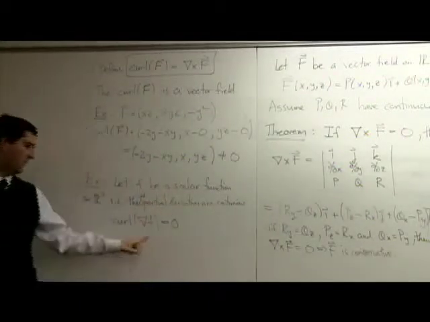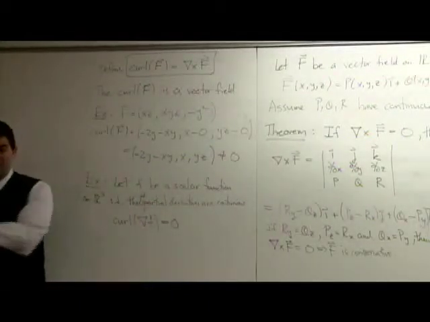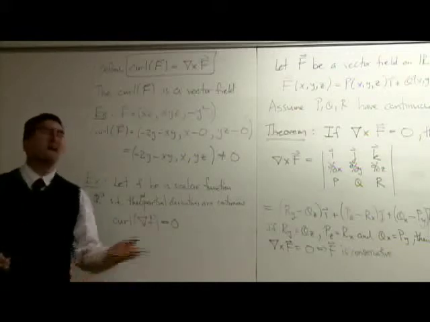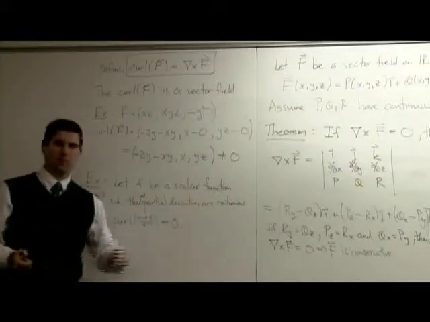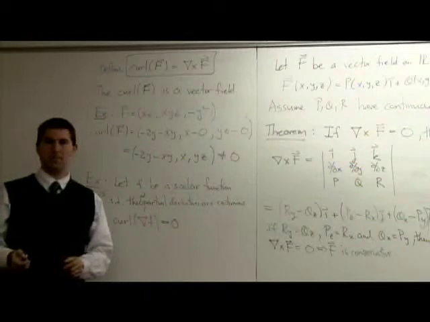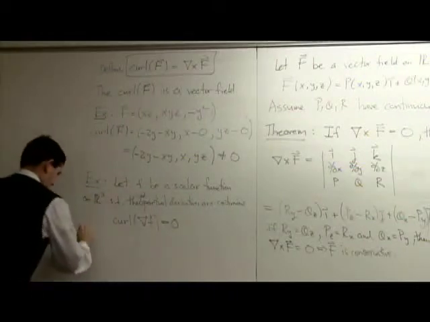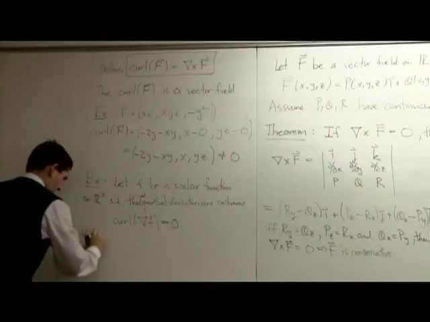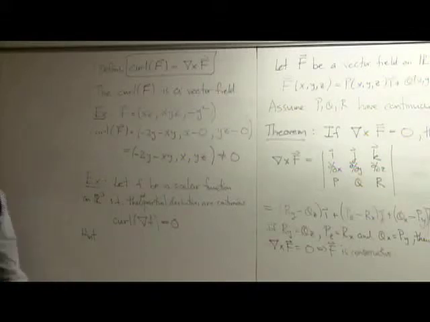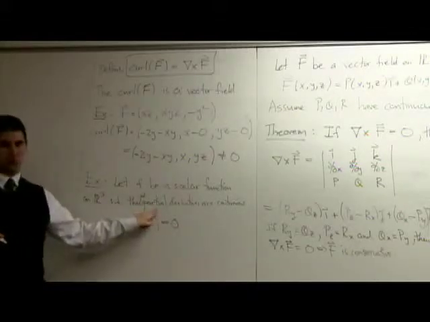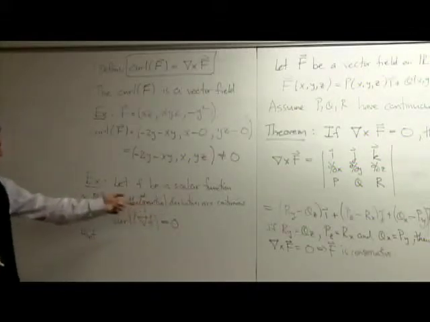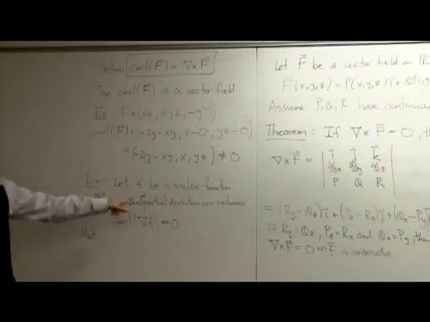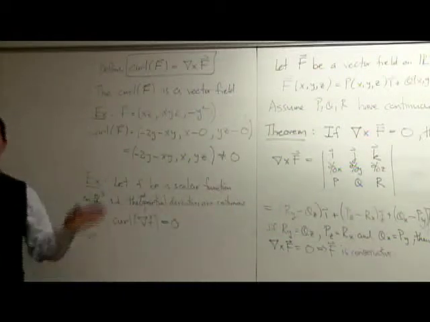The other one is saying if it's a grad f, then the curl is 0, at least if the second partial derivatives are all continuous. So the hint to proving this is the second partial derivatives. Did I say the second partial derivatives are all 0? The second partial derivatives are continuous.